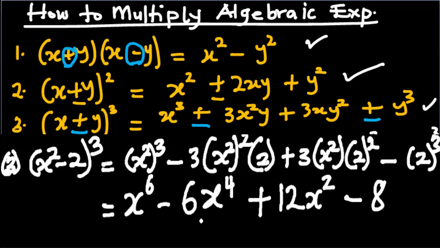Anytime you get something like this, you know to multiply by 3. You just remember the formula or the rule, then you substitute it inside.